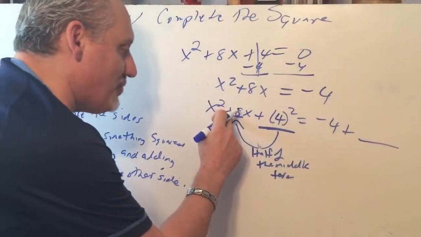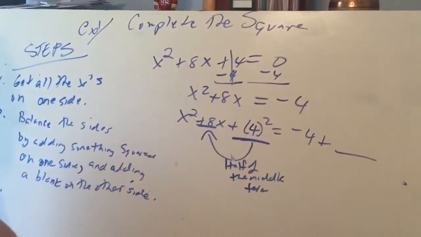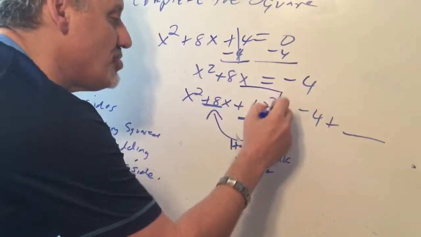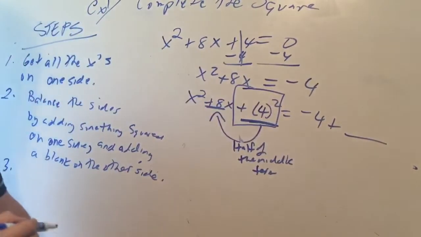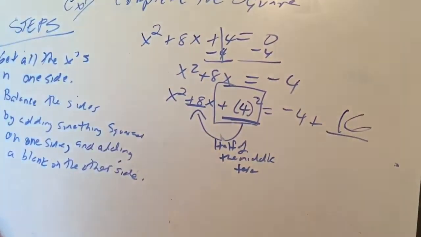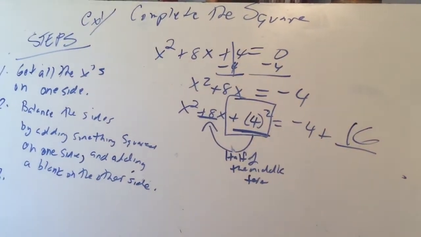If this said negative 20, you would put negative 10. If that said negative 2, you put negative 1. If that said 100, you would put 50. Got it? Now, what did I just add to this side? 4 squared. What's 4 squared? 16. So let's add 16 to this. You balance the sides.